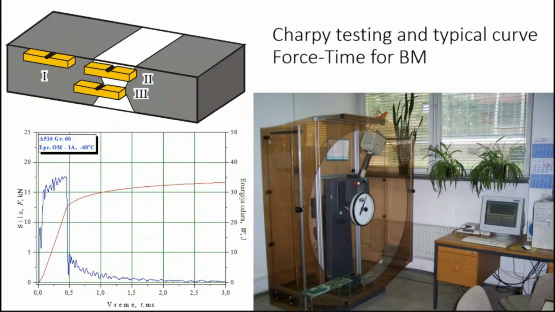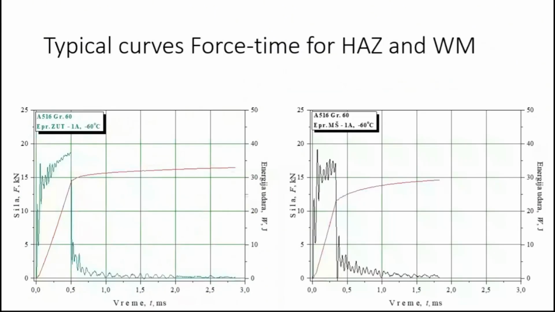So, in any case, we did testing, as I just explained, and obtained typical curves of force versus time for the heat-affected zone, for weld metal, for base metal, and some of them, as typically obtained, are shown here at -60.